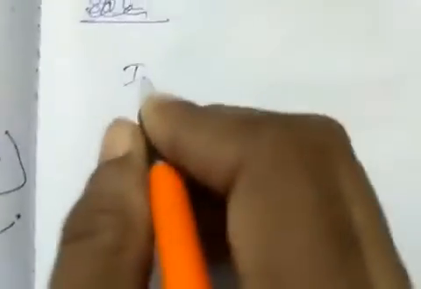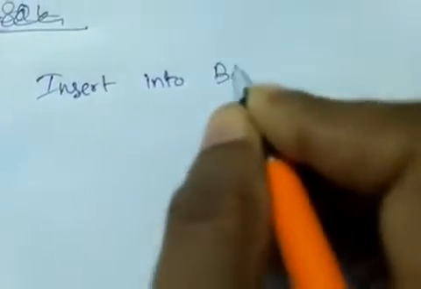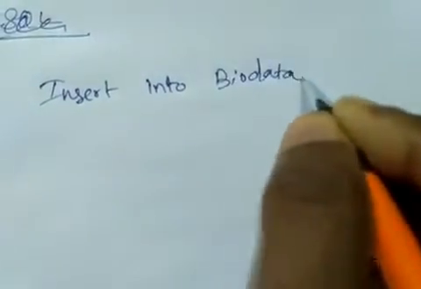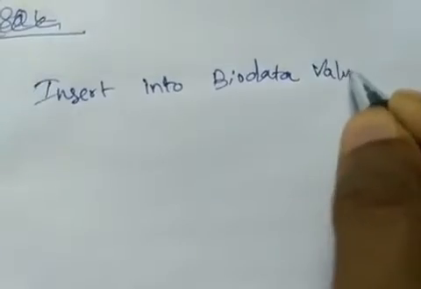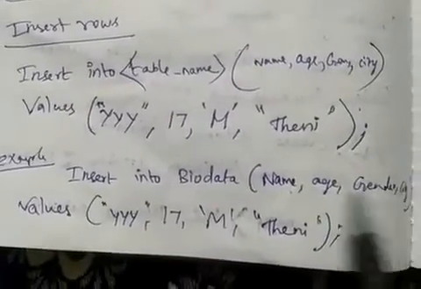Instead, we can also use the following command. That is what? Insert into biodata values. We don't need to specify the column names. In the previous example, we specified the column names: name, age, gender. Likewise, you can specify no column names. That is optional.